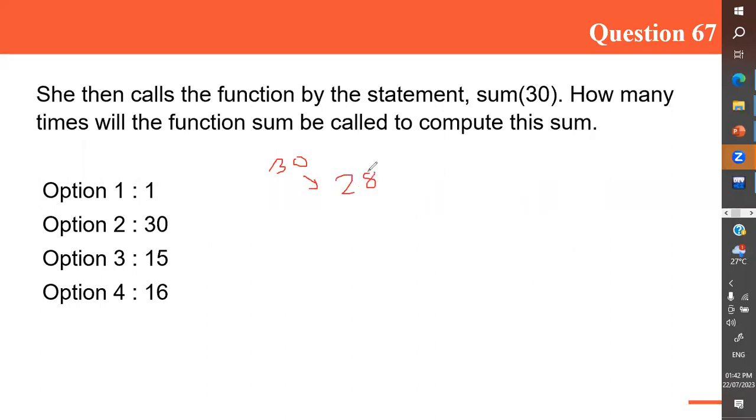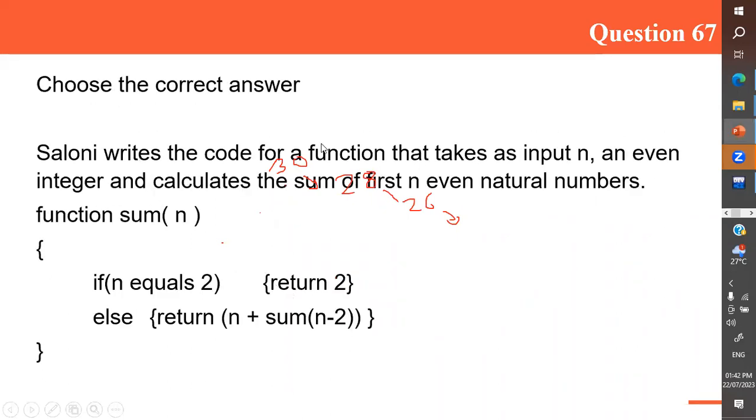30 will be called. Then 28. Then 26. Like this, you have to keep counting. Till where? At what time are we returning the value? We are returning at 2. When n equals 2, we are returning. For easy understanding, I'll try to do it with 10 maximum.